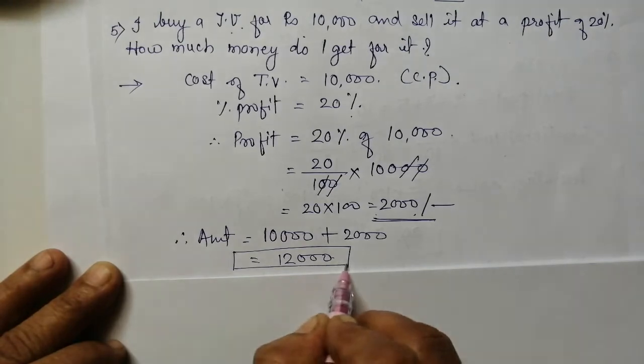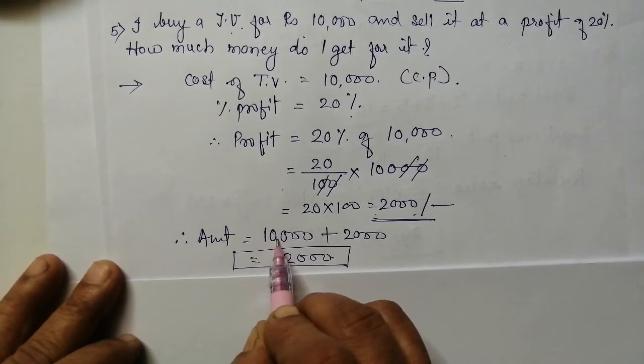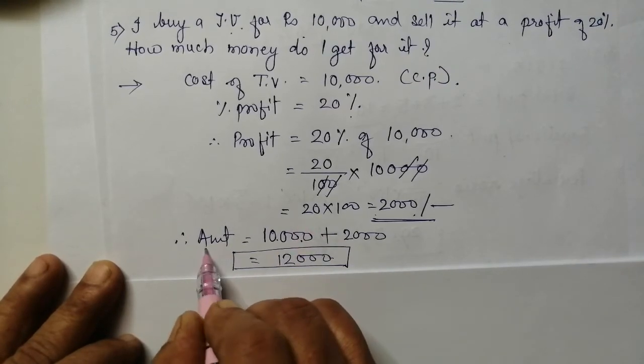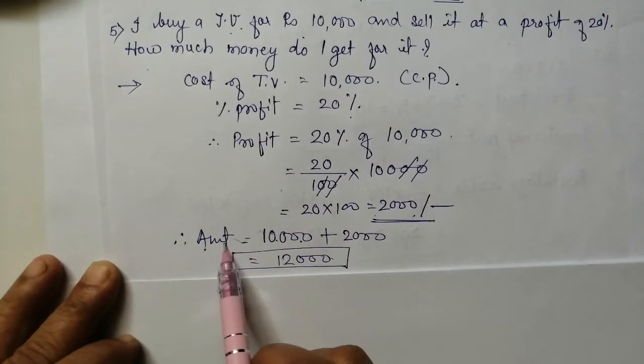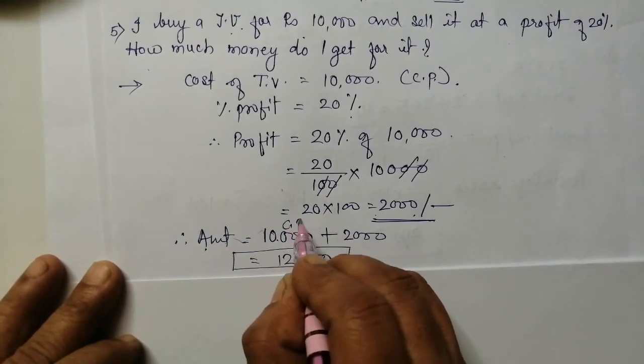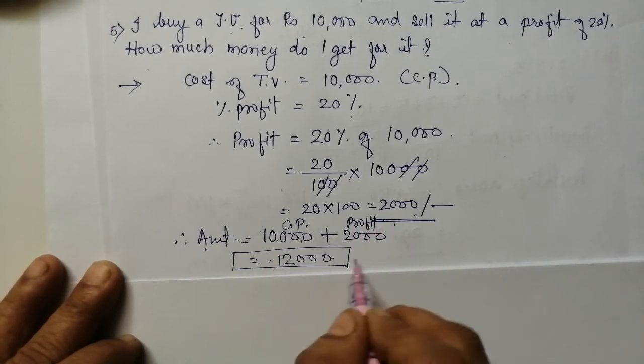This is your cost price, and the amount, the selling price, is cost price plus profit, which is 12,000.